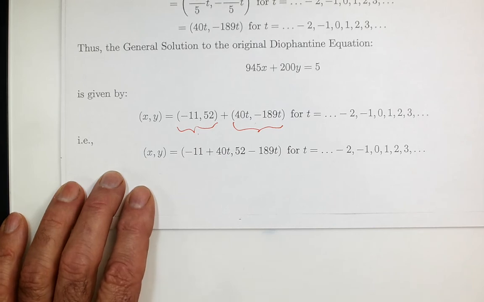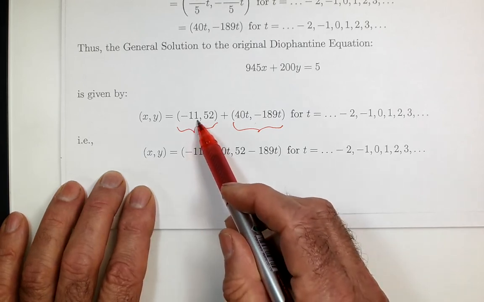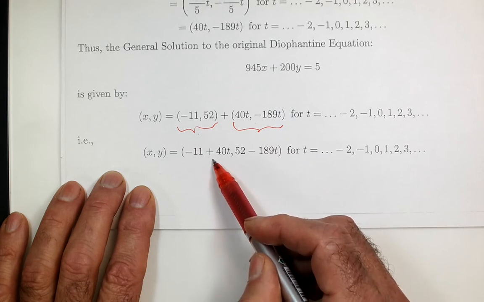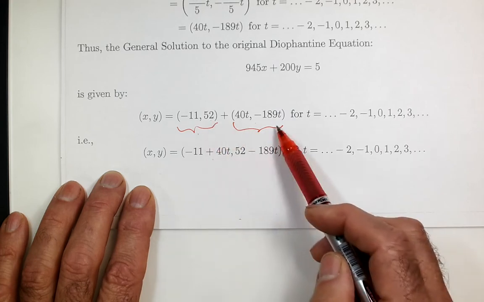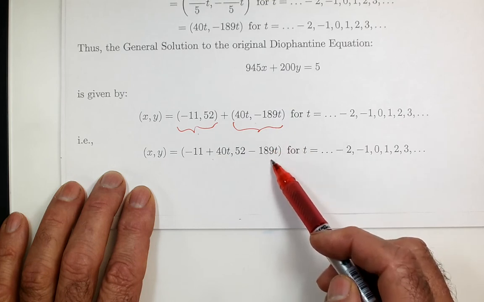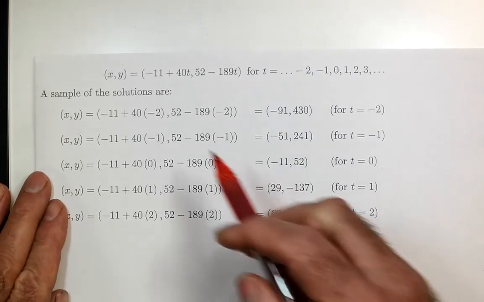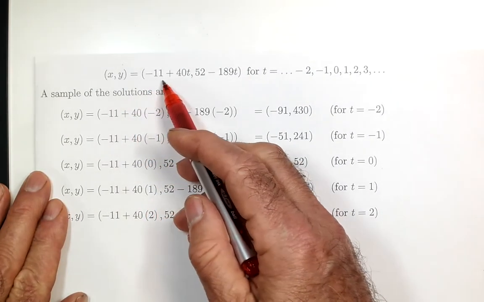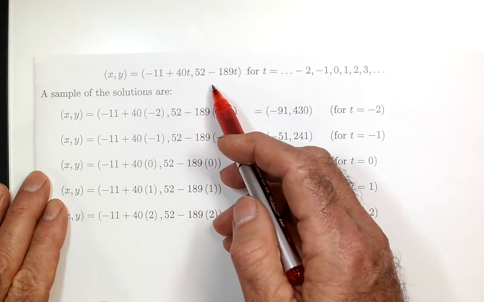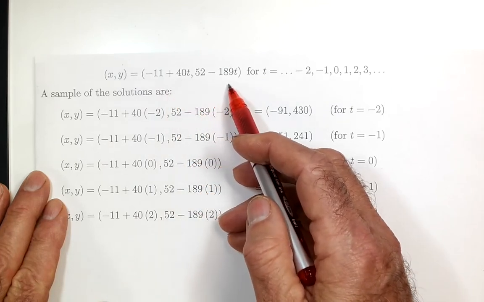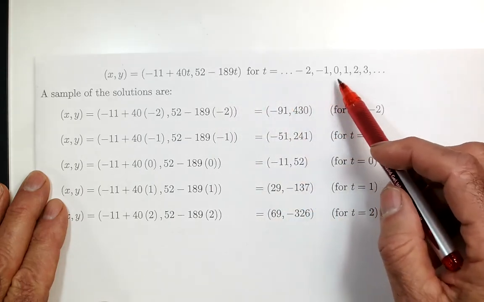Now, if we add these two things component-wise, we get negative 11 plus 40t for our x-coordinate, and 52 plus negative 189t for our y-component. And this will generate all solutions of the original Diophantine equation. So this is our solution: (x, y) equals (negative 11 plus 40t, 52 minus 189t), for all integer values of t.